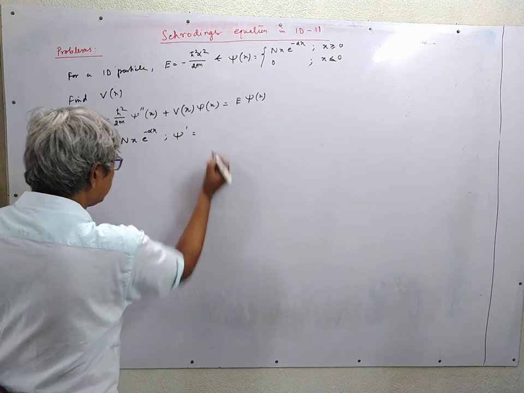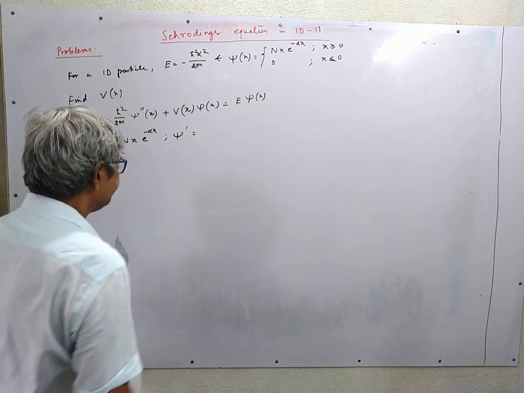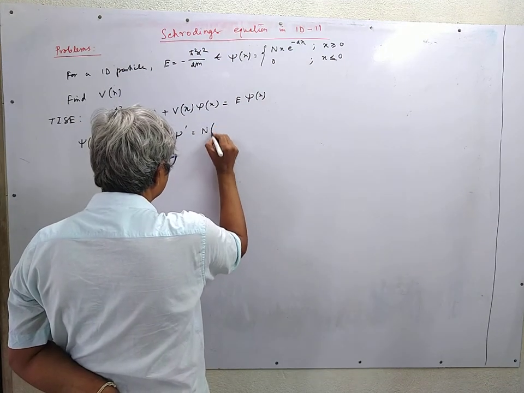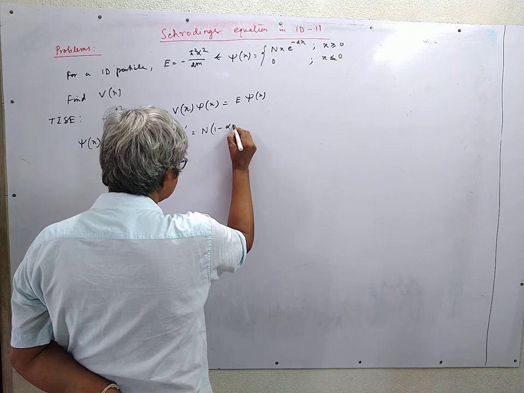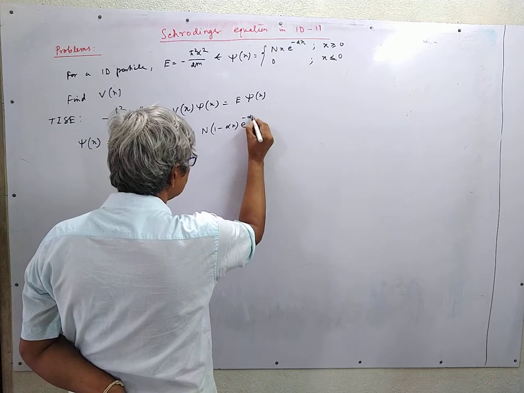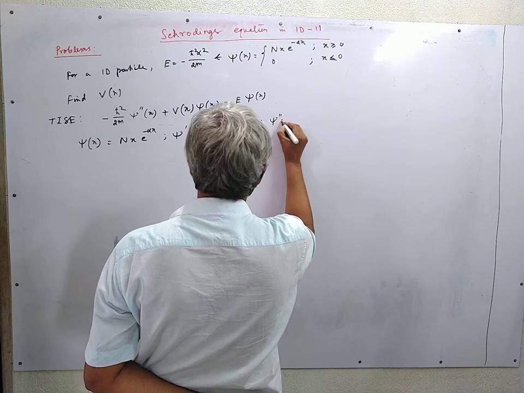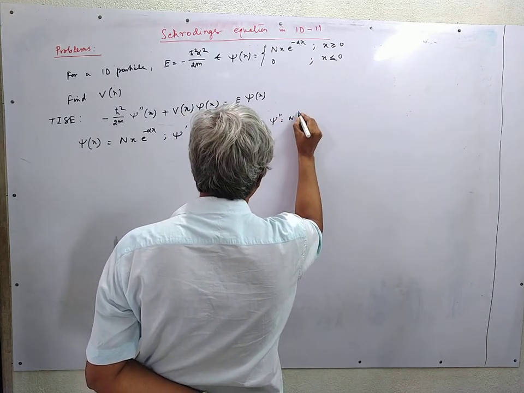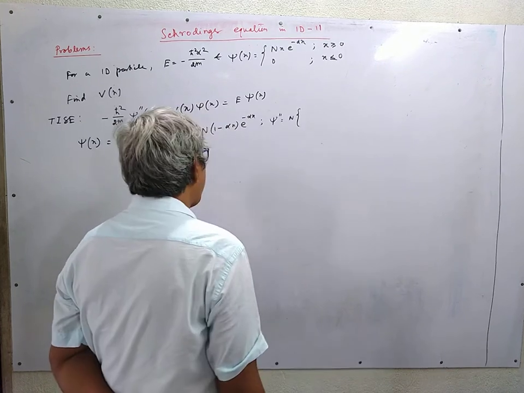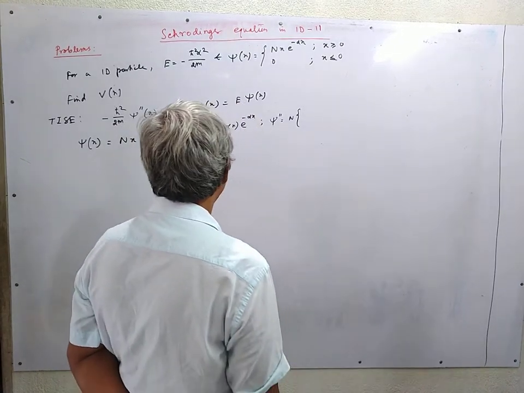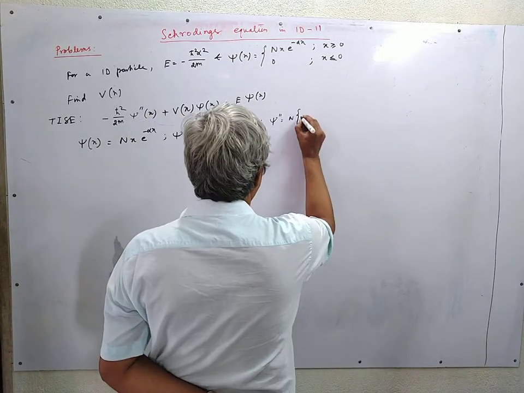So psi prime is this, and psi double prime is this.